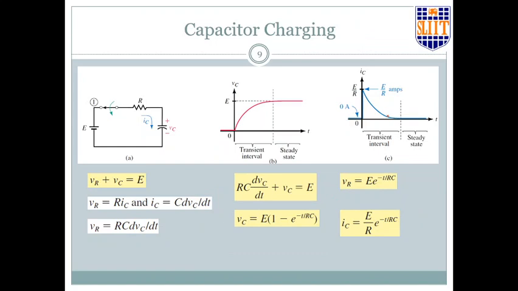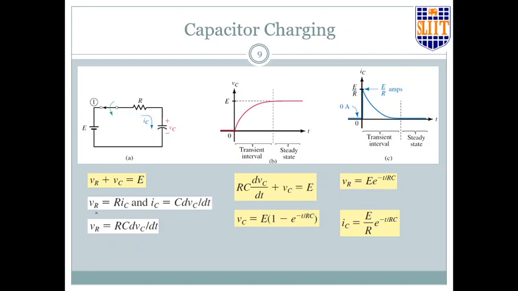Yeah, so same thing that is discussed in here, right? So from this equation we can see that if you apply KVL to this loop, E is equal to VR plus VC. So VR is I into R. IC, the capacitor current, is actually the current going through the entire circuit.